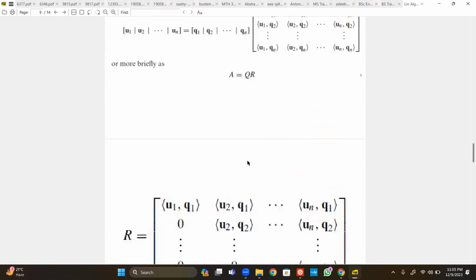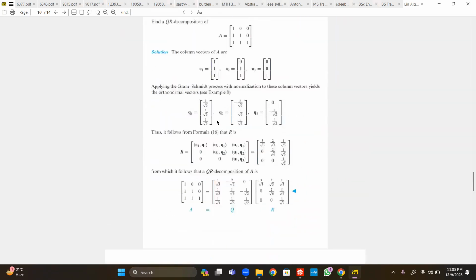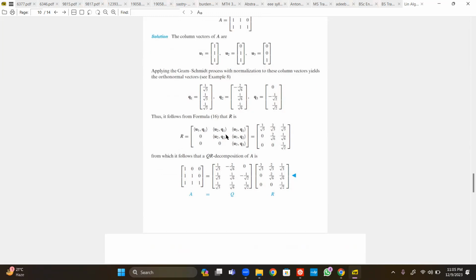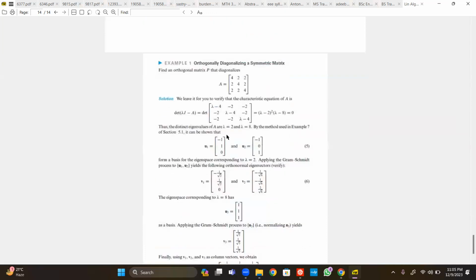And finally, you need to orthogonally diagonalize a matrix. So you need to apply the ideas of both of the problems I have discussed just now: the process of extracting the eigenvectors, etc., and the process of QR decomposition, combined to find the orthogonal diagonalization of a matrix A.